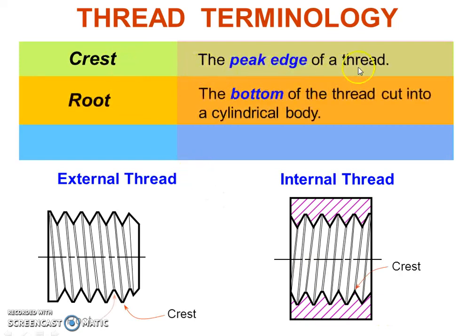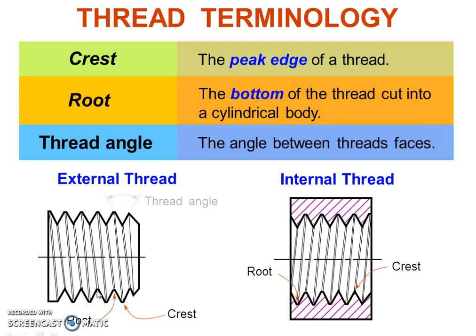Crest is the peak edge of a thread. Root is the bottom of the thread cut into a cylindrical body. Thread angle is the angle between thread faces.